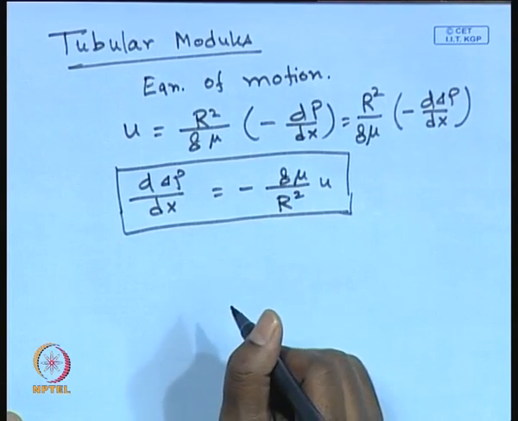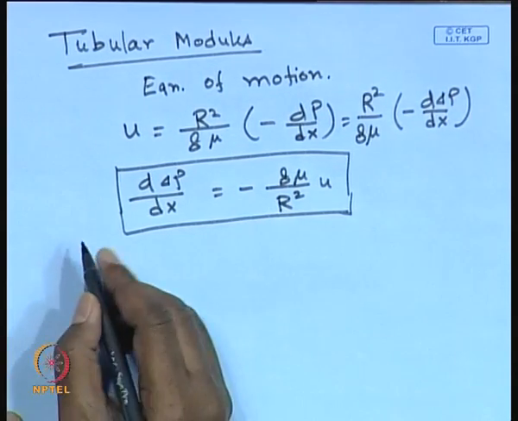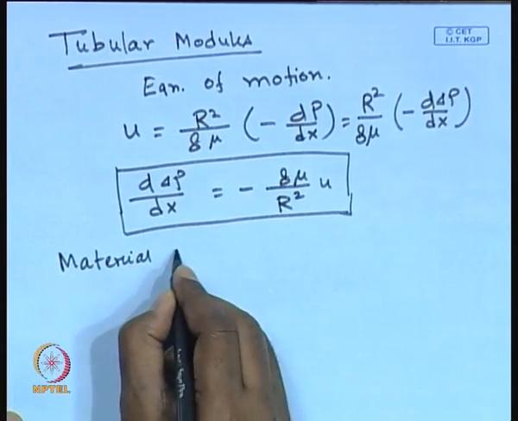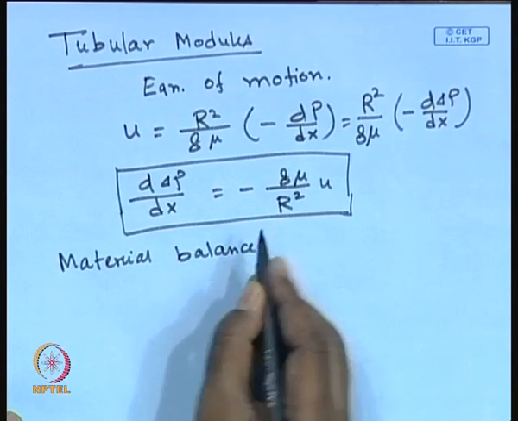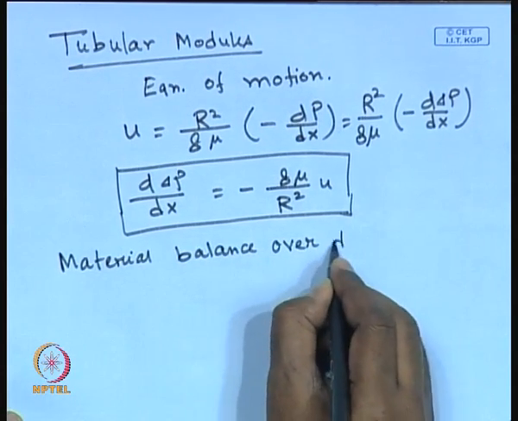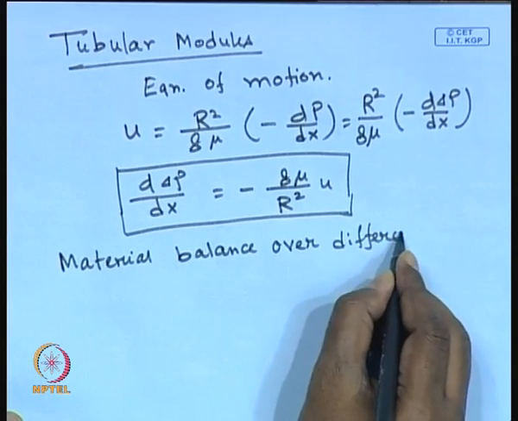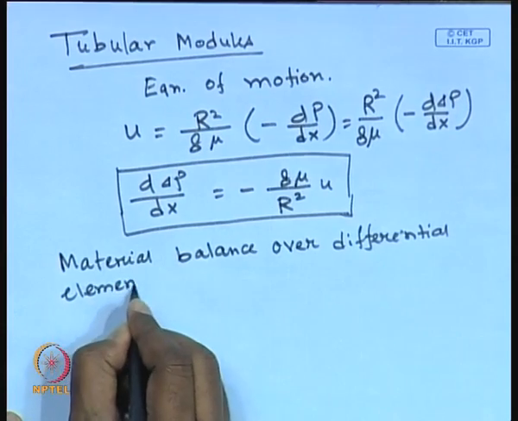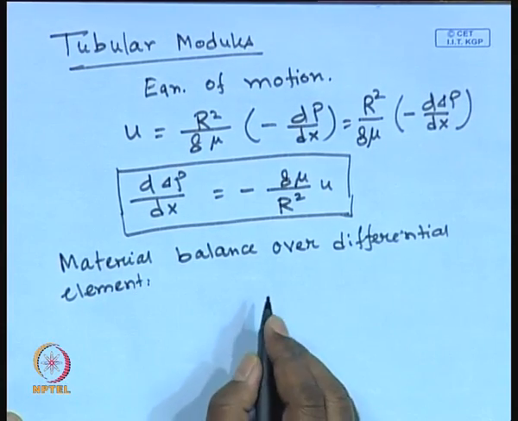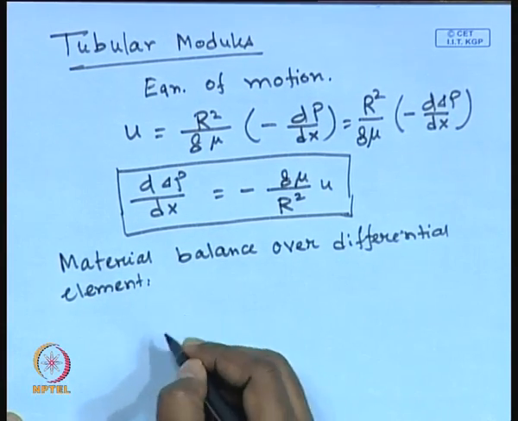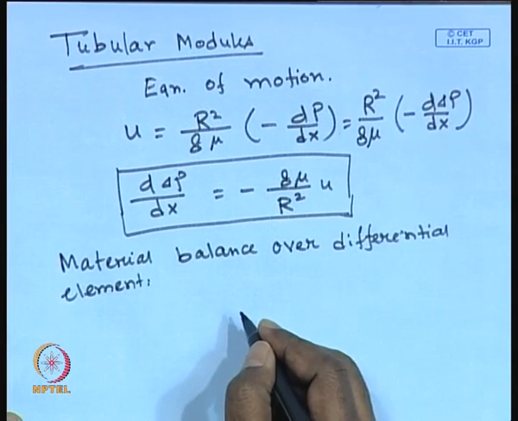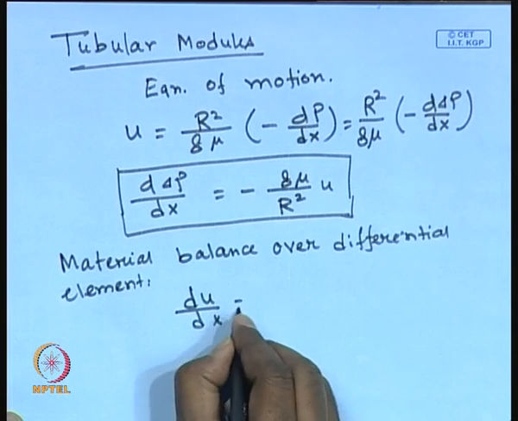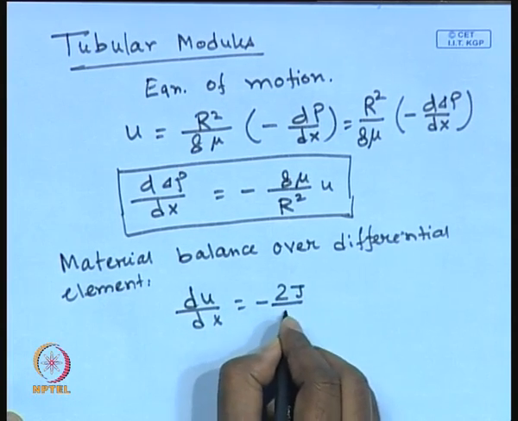Now again you can write down a material balance over a differential element. As we have done earlier, assuming that the density of the feed is equal to the density of the permeate, you are going to get du/dx is equal to minus 2J over r.